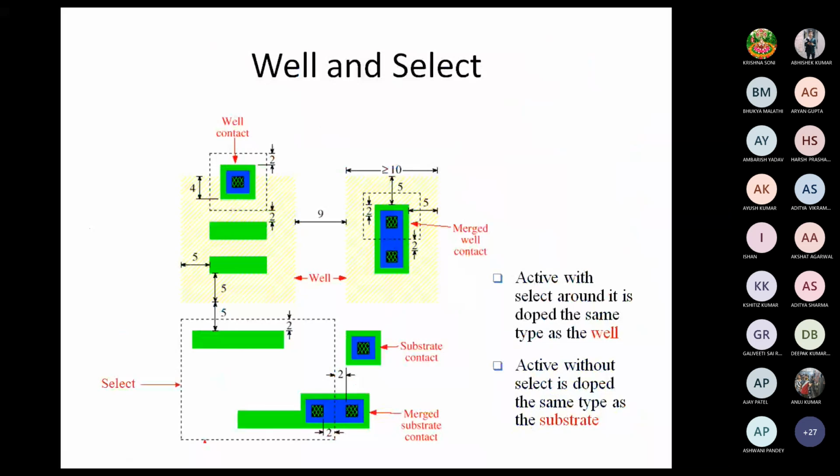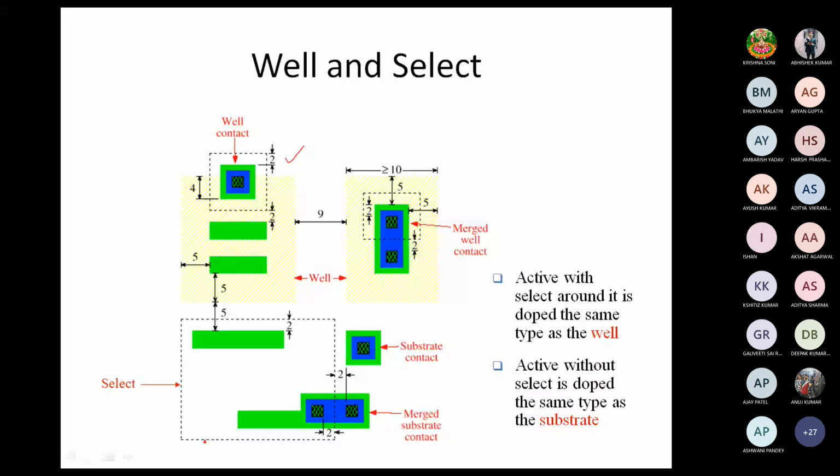Here it shows how the well and the select, the well contact, need to be separated from each other, and this gives the minimum size and minimum separations.